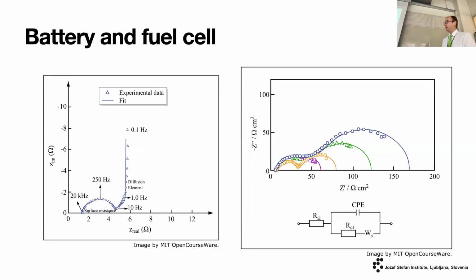So what is our goal here? Depending on the electrochemical system at hand, the impedance characteristics can be vastly different. On the left-hand side, you have a battery. On the right-hand side, you have some sort of fuel cell. Doesn't matter which one. We can clearly see that both of them have clearly different EIS configurations.